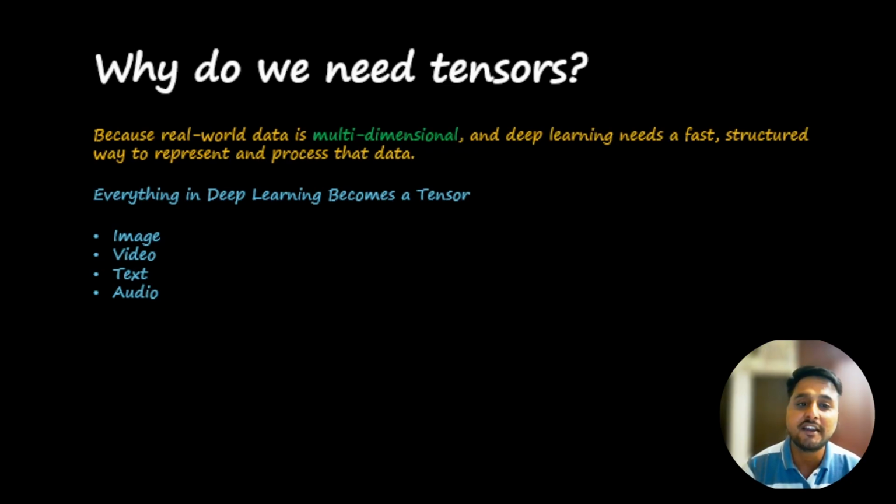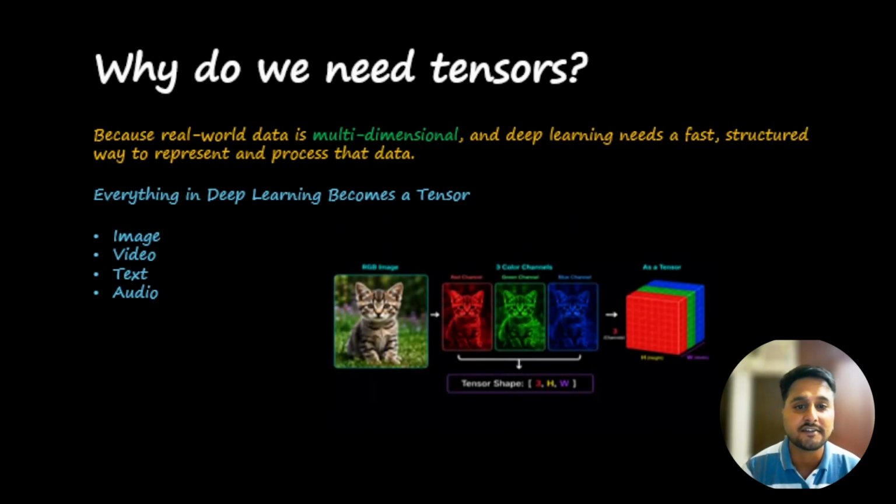So everything in deep learning becomes a tensor. An image is a 3D tensor that has height, width, and color channels. An image has three channels, red, green and blue, and every channel is a matrix, a table having height and width.